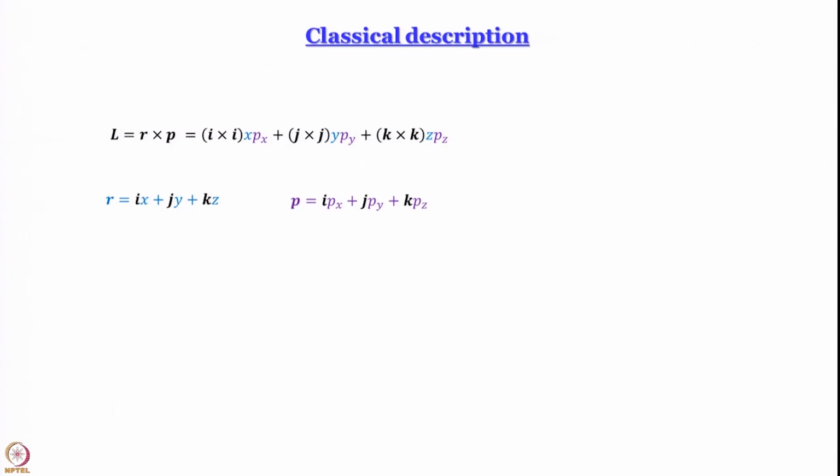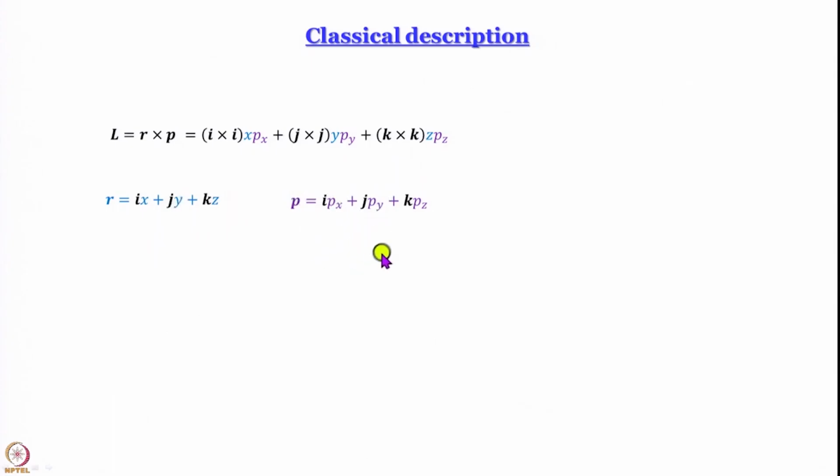What will the next term be? Next term what we can do is we can take in alphabetical order, i cross j, j cross k, k cross i. So, the i cross j term, what will it be? Sorry, I will say that again, ix cross jpy will be i cross j multiplied by x dot py.